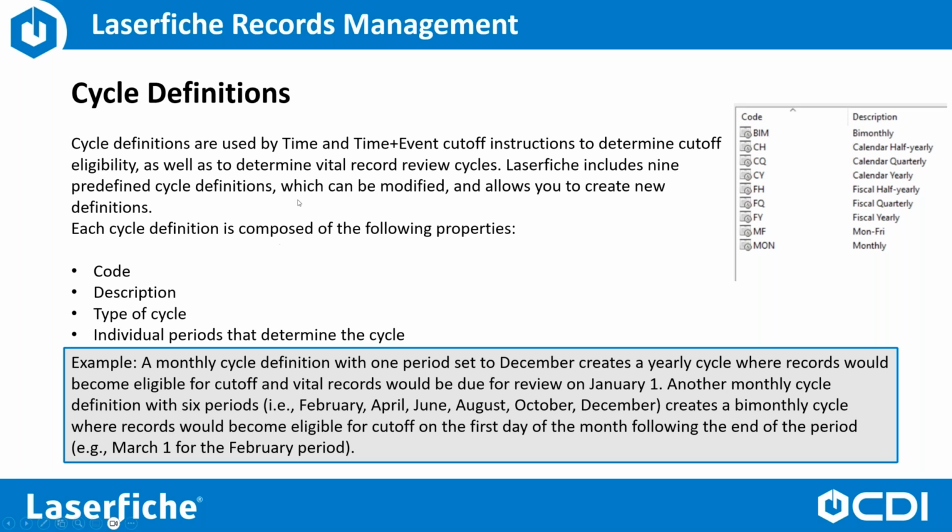Now, the properties that are there, and we'll talk about these a little bit later, you can have a code for these. I think it's just a short abbreviation that makes it easier to see. You've also got the description and the type of cycle, and then periods that determine the cycle. The example I found that I thought was really apropos, a monthly cycle definition with one period set to December is a yearly cycle that says records would become eligible for cutoff and vital records would be due for review January 1.